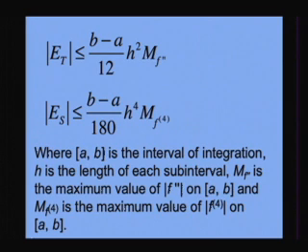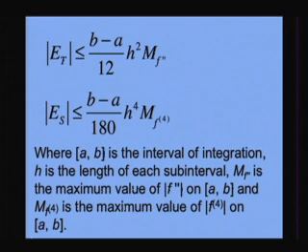Then, for the error with Simpson's rule, it's the absolute value of E sub s, and that's going to be less than b minus a divided by 180 times h to the fourth power, and this time the maximum value of the fourth derivative. So we know that [a, b] is a closed interval, and it's the interval of integration.